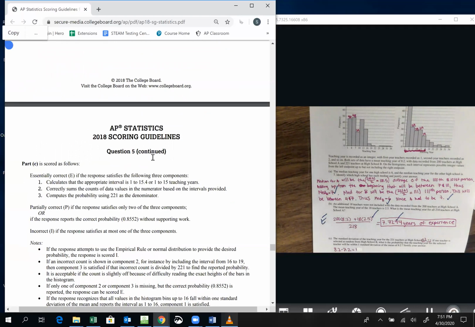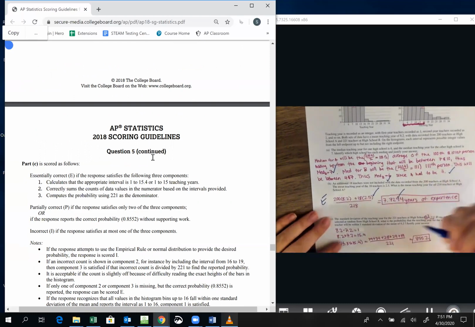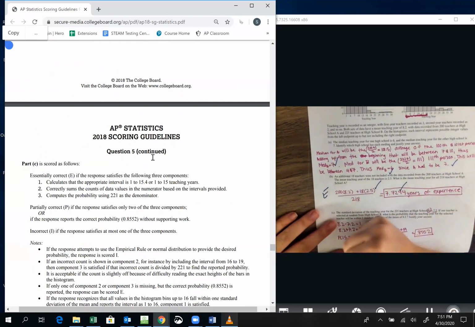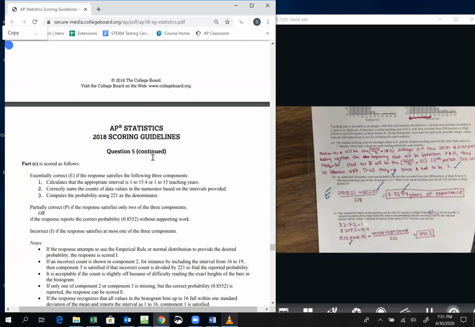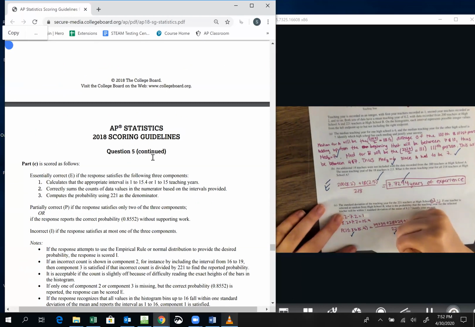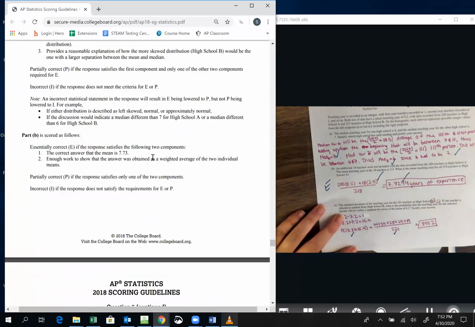Essentially correct if you calculate that the appropriate interval is from 1 to 15.4 or 1 to 15. Correctly sums the counts of the data values in the numerator based on the interval provided. Computes the probability with 221 as the denominator. So let's just double check what they got.